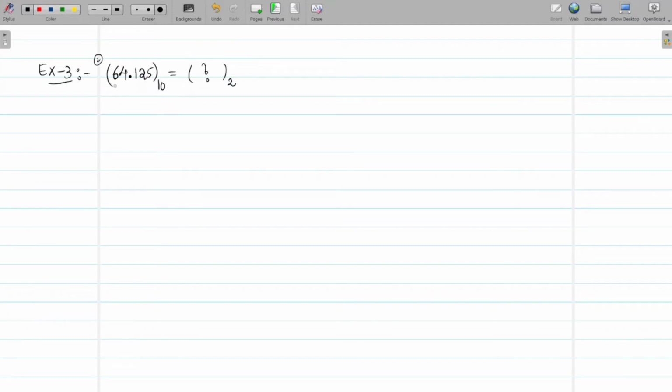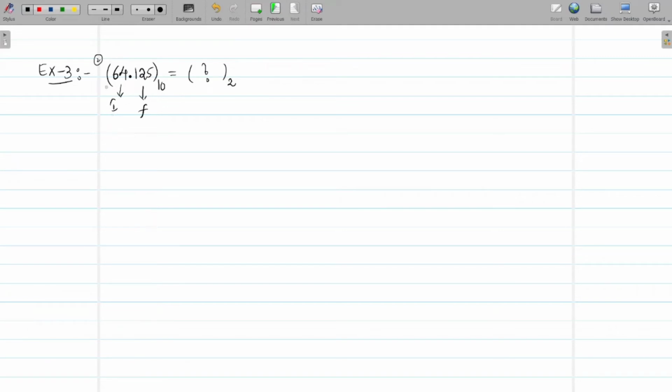Now here it has two parts. One is the integral part and the second one is the fractional part. You need to treat both of them separately, and write them with the same radix point. Now let us see how we can do this.